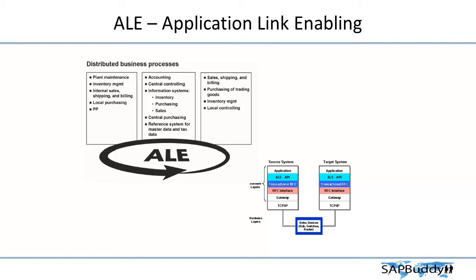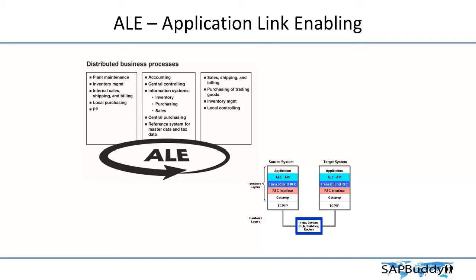This may involve many synchronous or asynchronous communications without a central database. That is the concept behind ALE. That means the business process is the same, but it is distributed in different SAP systems. In order to configure ALE, you need to have RFC connections, and you need to create logical systems.